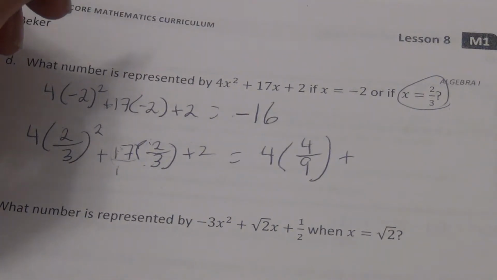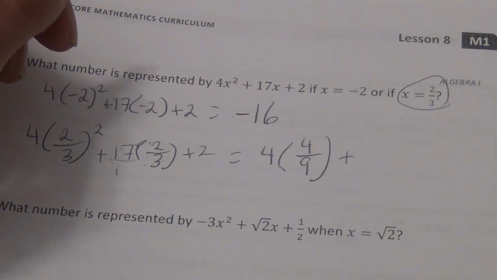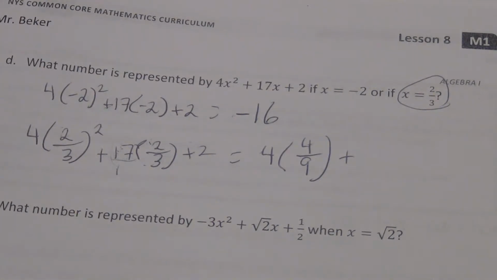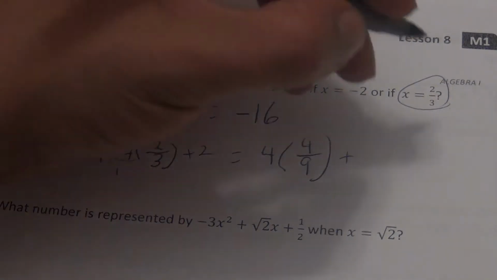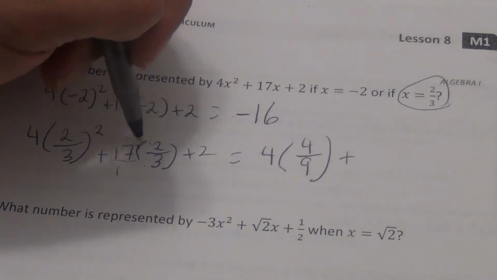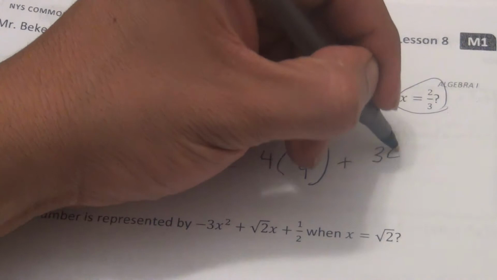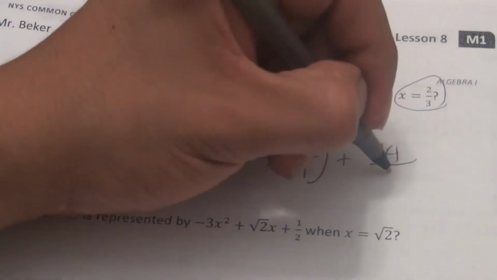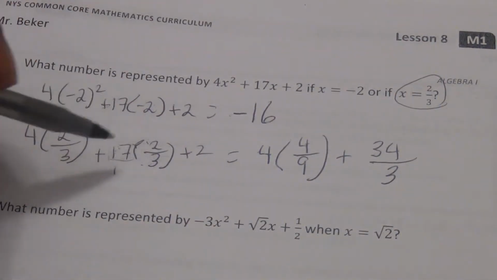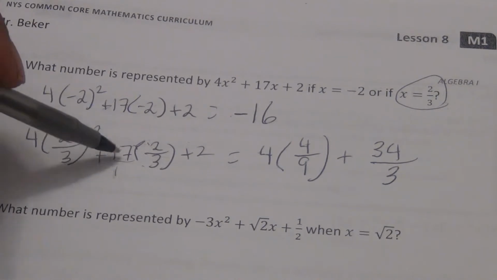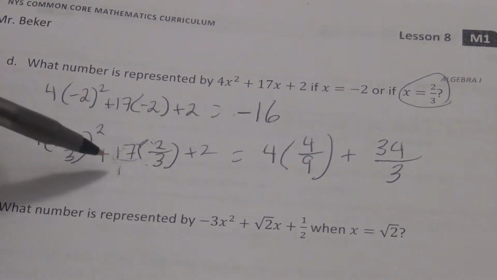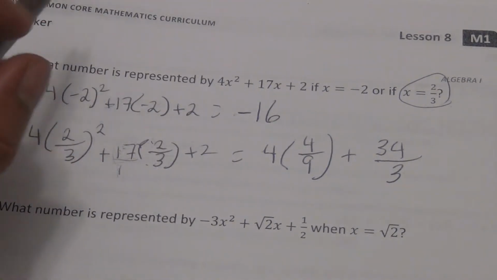What is 17 times 2? 34. So 17 times 2 is 34 over 3. If you put a 1 under the 17, 17 times 2 is 34, and 1 times 3 is 3, so that's how you get it.